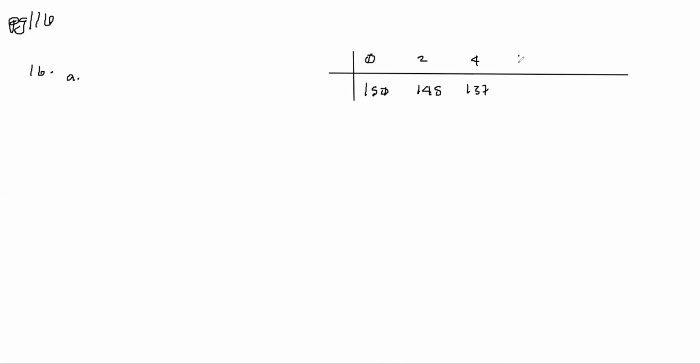Yeah, because it goes 0, 2, 4, 6, 8, 10 for t, and then the f of t is 150, 145. Yep. Okay. So the first derivative is going to be positive, negative, or 0 for the whole thing. Well, they're all positive because they're all above 0.